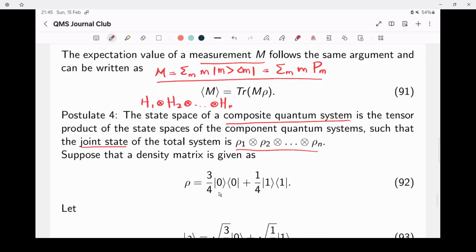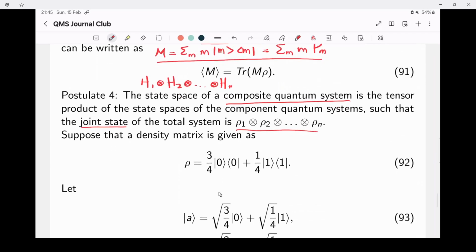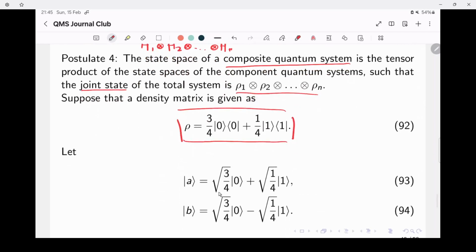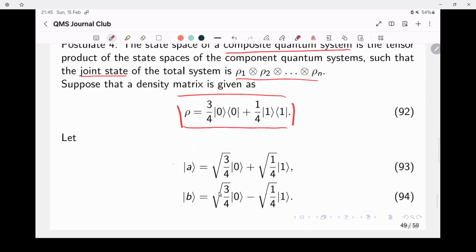And now you might have some questions. If let's say you have a density matrix given by this form, I can also rewrite it using a different basis. Let's say A and B. Obviously, they are orthogonal to each other, sorry, they are not actually orthogonal to each other.